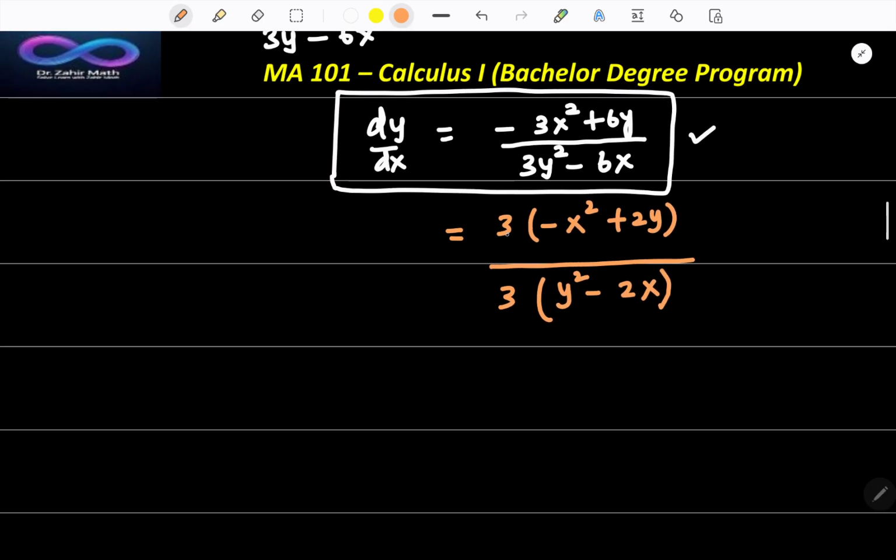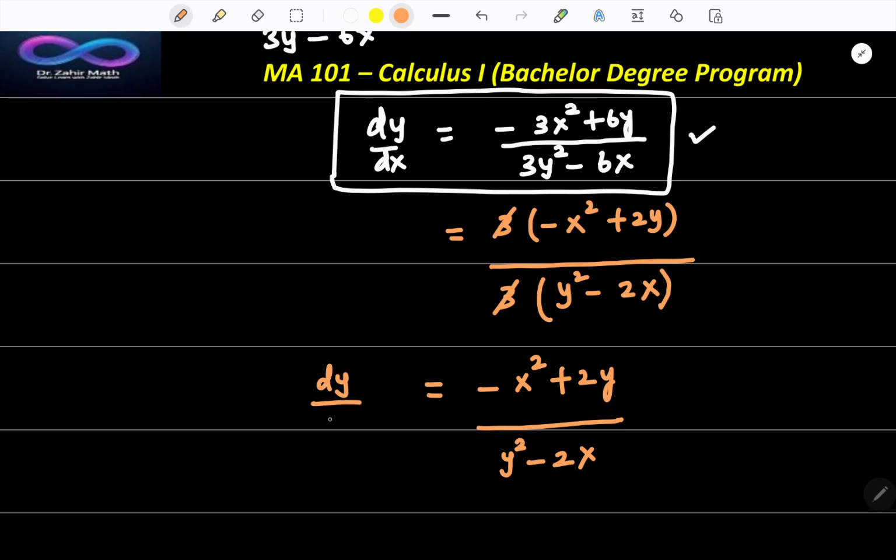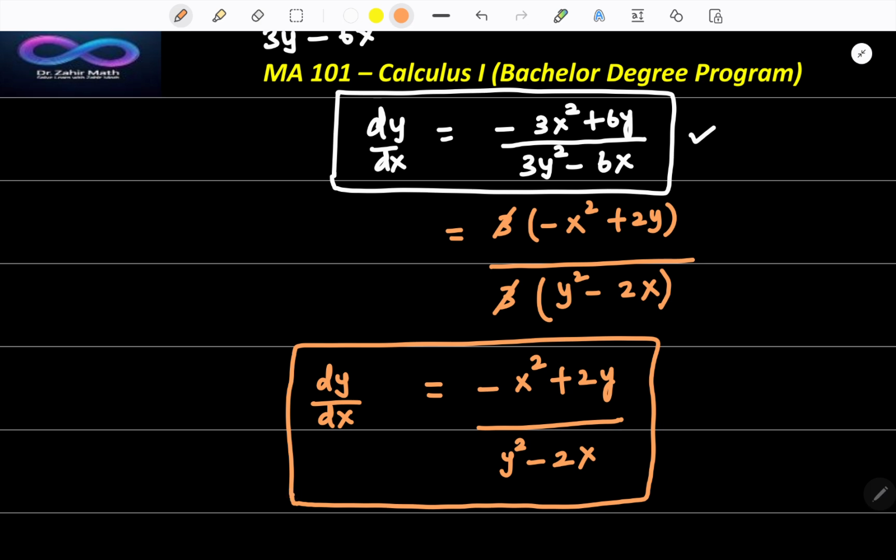So check it out: minus 3x square plus 6y over 3y square minus 6x, the 3 gets cancelled. So this equals negative x square plus 2y divided by y square minus 2x. This is your dy by dx. Teacher, is it compulsory to do this one? Not necessary. This is also a correct answer.